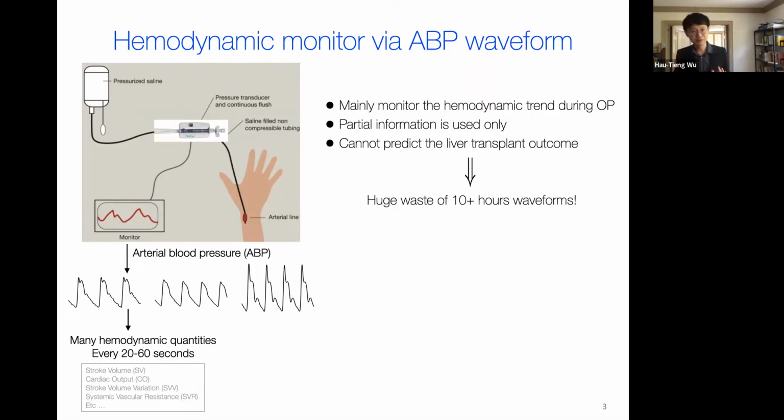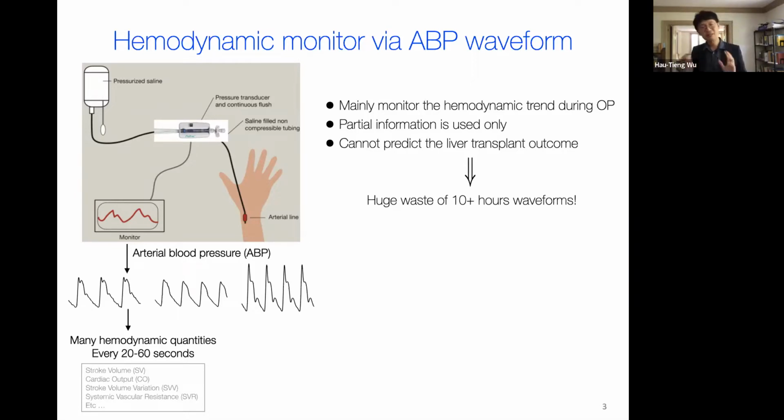However, only partial information is used. That is, we only monitor the hemodynamic trend. And so far, to our knowledge, this kind of signal usually cannot be used to predict liver transplant outcome, and for other surgeries, it is the same.